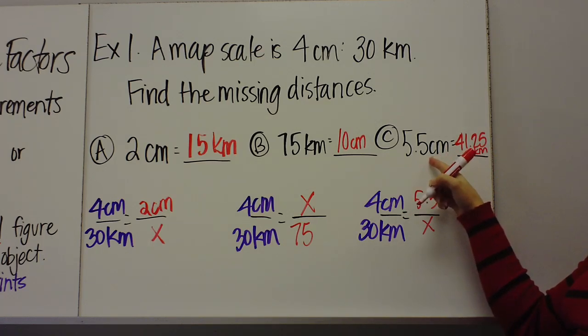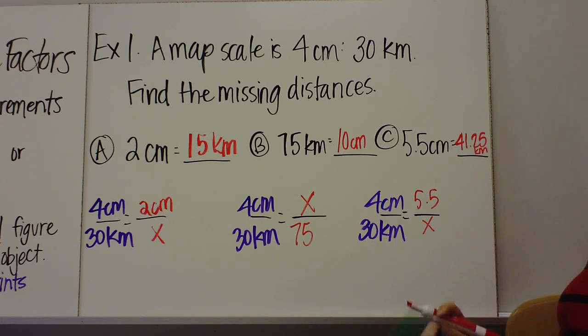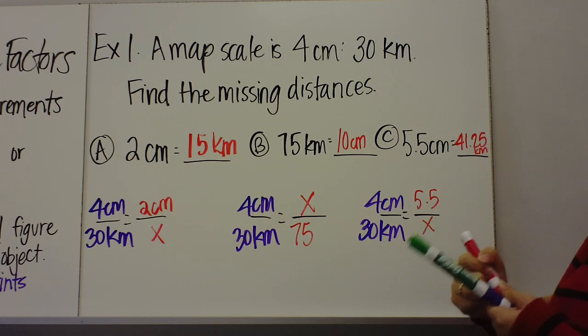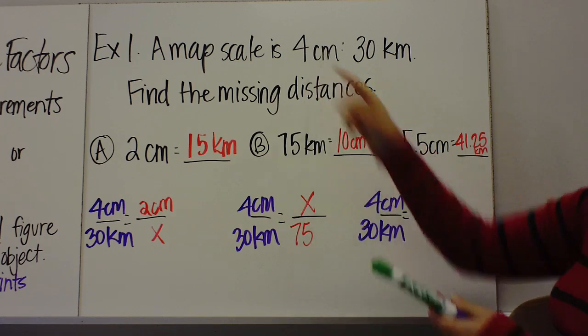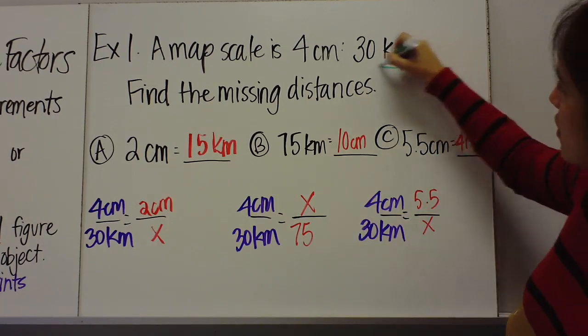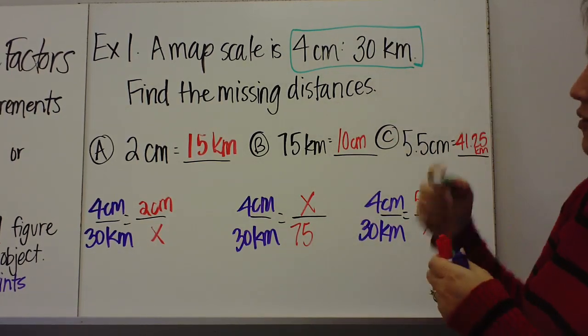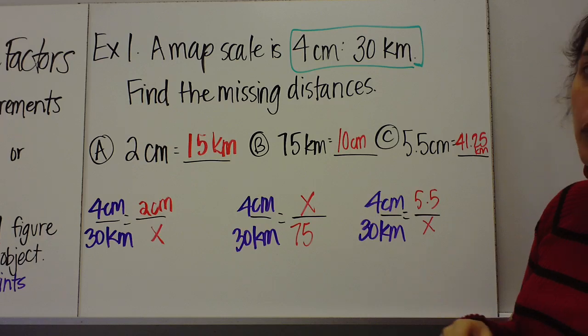So 5.5 centimeters is equal to 41.25 kilometers. And the key is using your scale ratio, and then setting up a proportion.